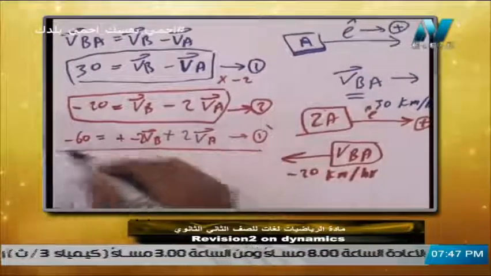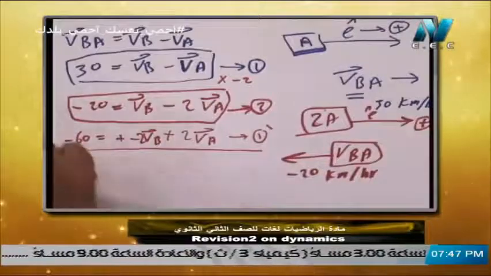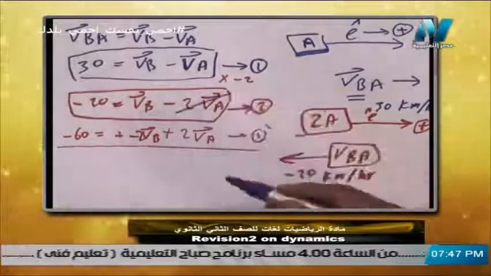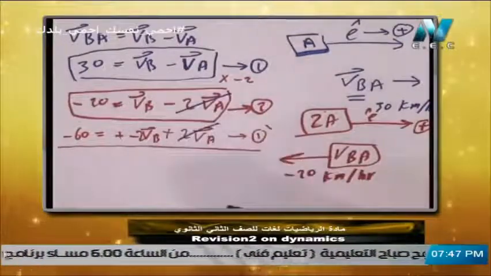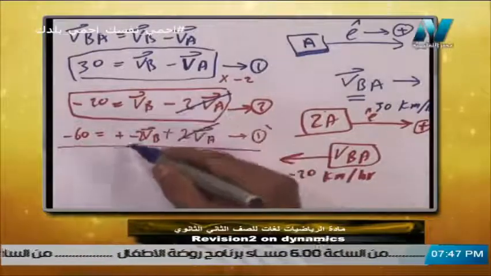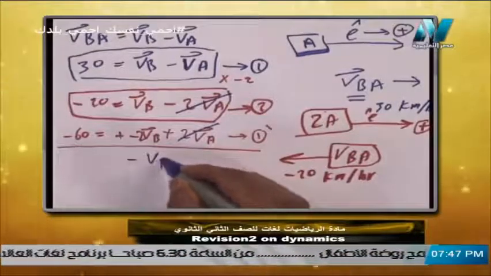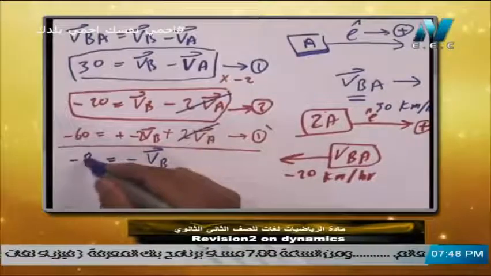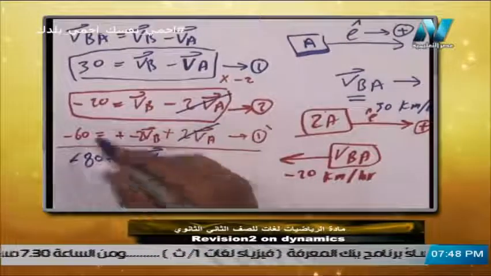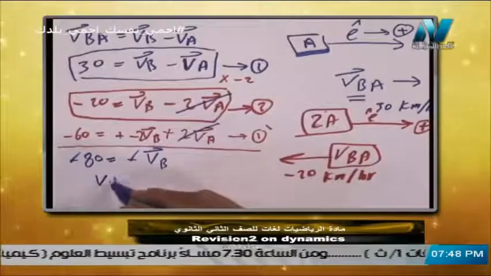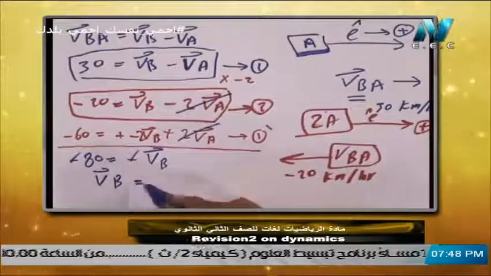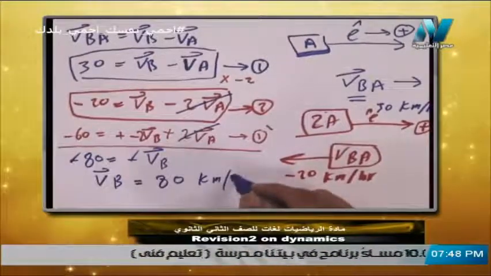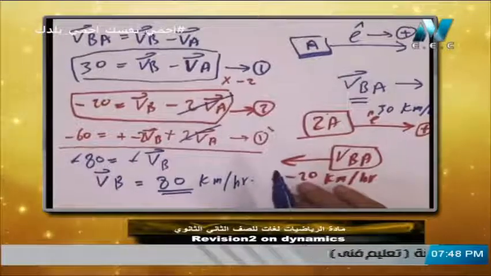By adding these 2 equations now, it's easy to deduce that negative 2VA cancels with positive 2VA, and VB minus 2VB equals negative VB, and negative 20 plus negative 60 equals negative 80. By cancelling negative with negative, then VB equals 80 kilometer per hour, and this is the right answer.